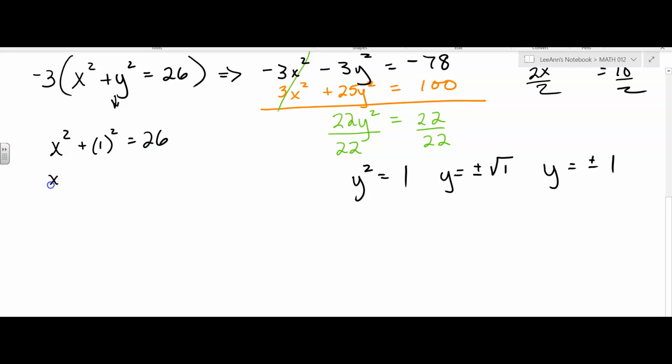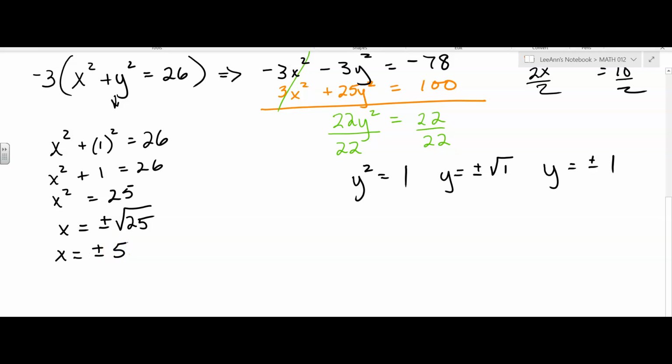And then I'm going to solve this. So when I take the square root of both sides, I have x squared equals 25. I take the square root of both sides and I get x equals plus or minus the square root of 25, or x equals plus or minus 5.